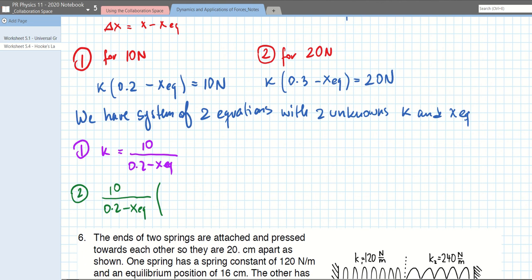Now I'm using the second equation here, so times 0.3 minus x eq equals 20. It looks like quite a messy equation, but we need to rearrange this so we have everything in one line, so we don't have any denominators, and then solve for x eq, which is the only unknown, but it appears in both the denominator and the numerator, so we need to do some algebra here.